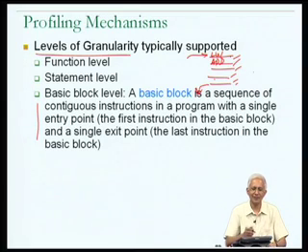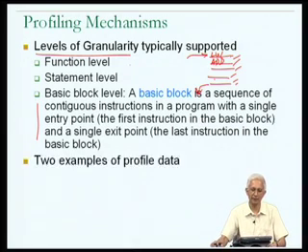One could, rather than thinking of a program as being made up of functions or just statements, at a lower level think of the program as being made up of basic blocks, and hence some people like to use basic block level profilers. So profiling mechanisms might be available at different levels in the light of the granularity, the size of the important parts that could be identified.